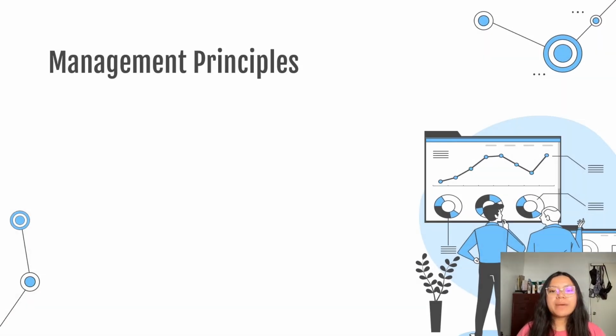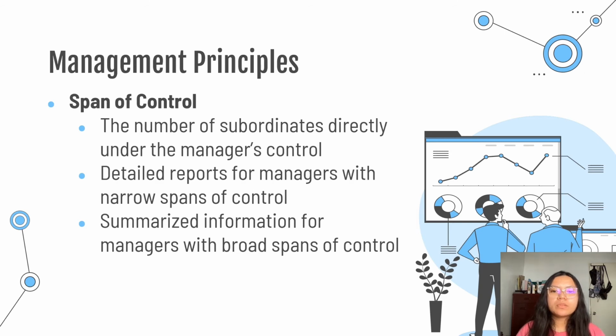The next principle is the span of control. A manager's span of control refers to the number of subordinates directly under his or her control. The size of the span has an impact on the organization's physical structure. The implication of this in the MRS is that managers with a narrow span of control are closely involved with the details of the operation and with the specific decisions, while summarized information is given to managers with a broad span of control.